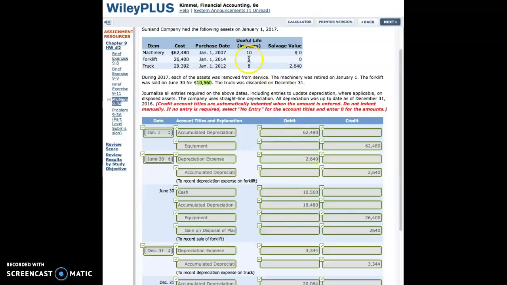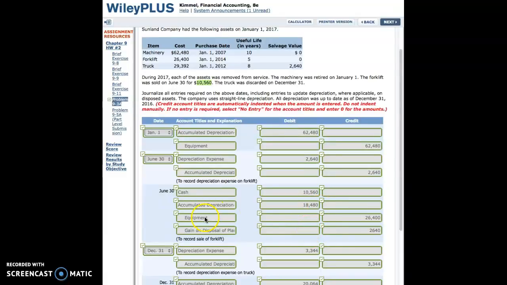So the 3 years that they had it there, you times, if you remember, the yearly depreciation was 5,280. You times that by 3.5. So 3 years and then the other 6 months here. Or you do the 3 years and then you add this in there. Anyway, it turns into 18,480.